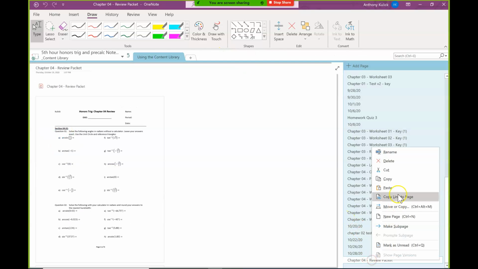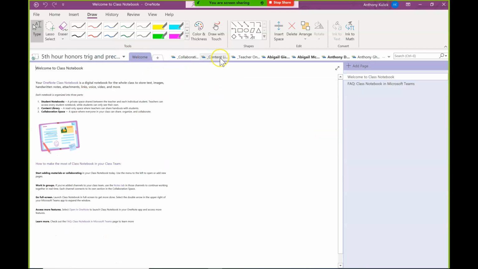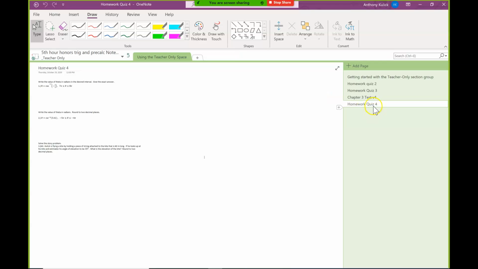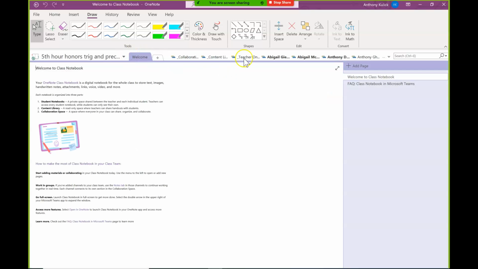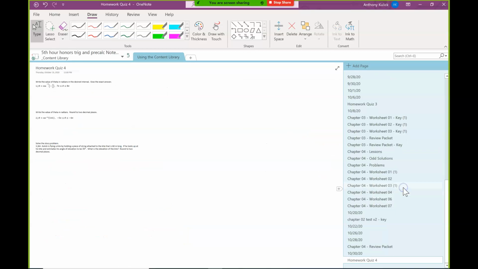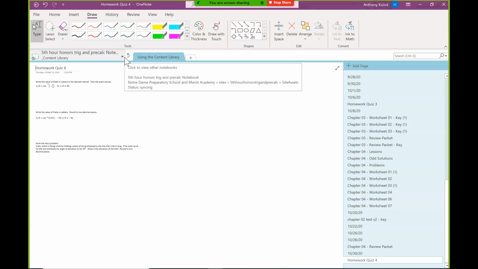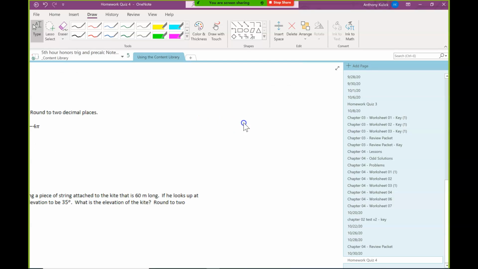Yup, I haven't done that yet, so let me paste this in, and then we'll go back to the content library. We'll paste it in. And then we'll sync this notebook. So if you sync yours in a minute or two, you should see that pop through.